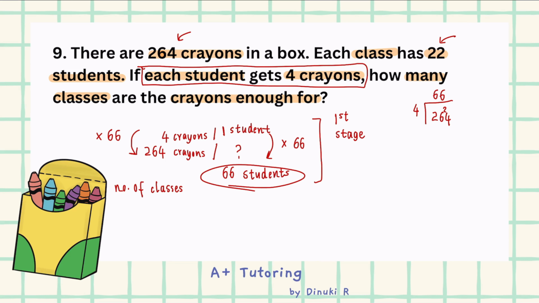So, we've been told we've got 22 students per class, in one class or per class. What do we know so far? We know that we've got 66 students.